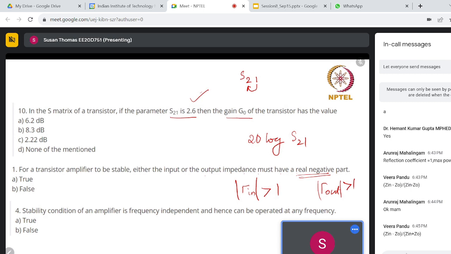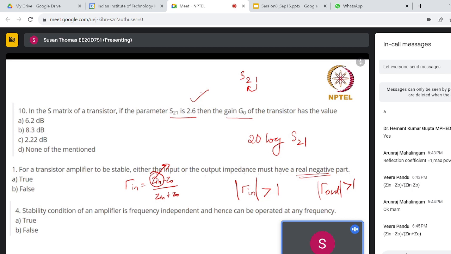Okay, so I'll repeat this here. Gamma in is basically Z in minus Z naught by Z in plus Z naught. And we are saying that this will have a negative real part. So if you take the modulus, gamma in could be greater than 1.